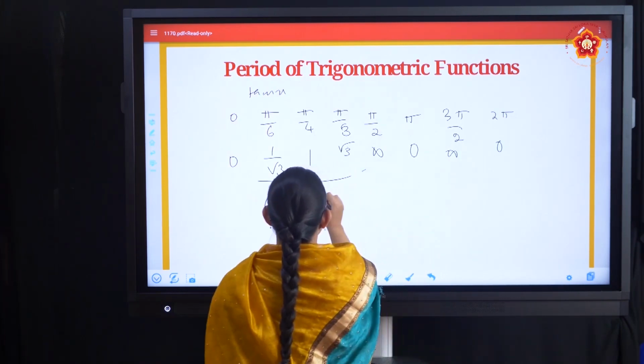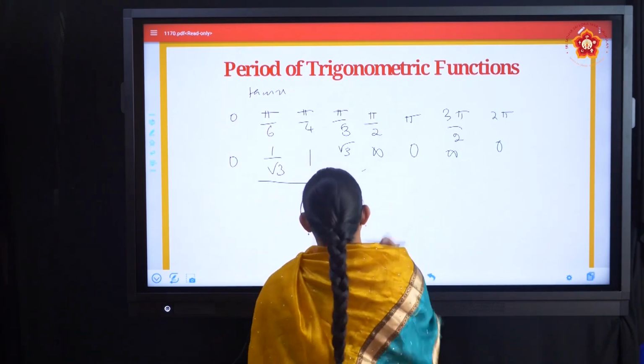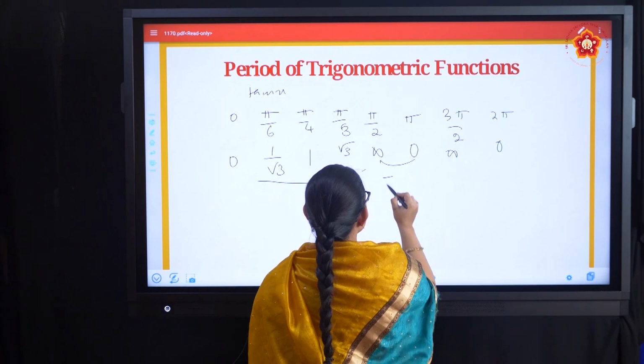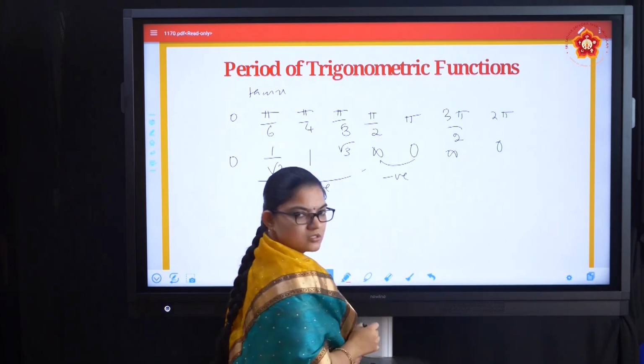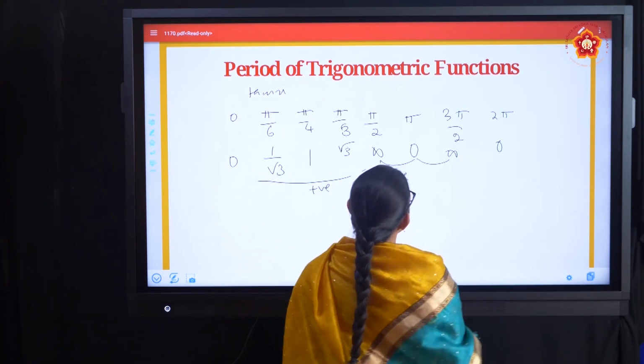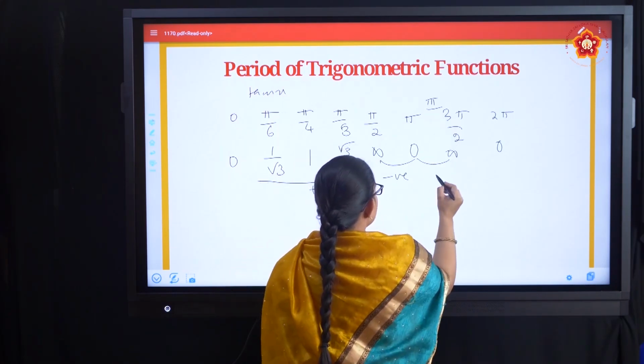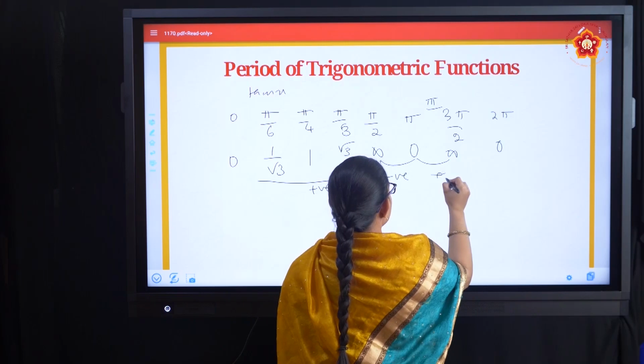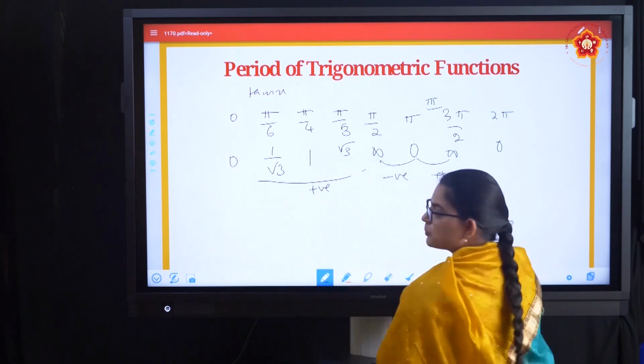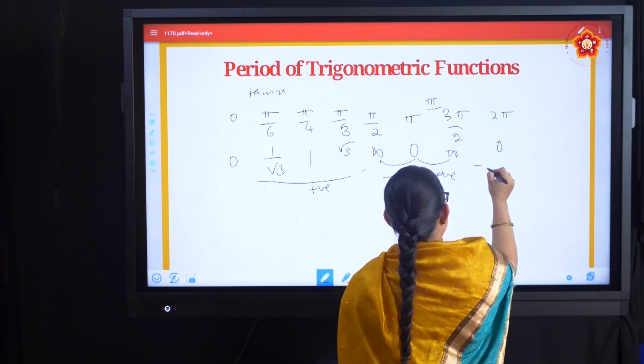So here to here it considers all positive real numbers and here to here it considers all negative real numbers. Next, from pi to 3 pi by 2, third quadrant, it repeats all the positive, and next from 3 pi by 2 to 2 pi we have negative.